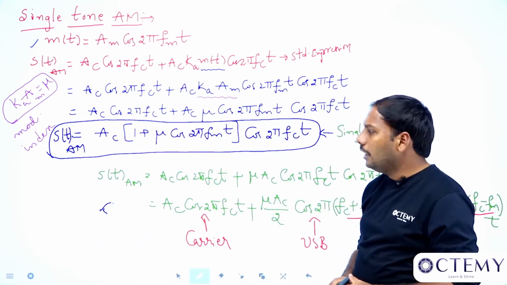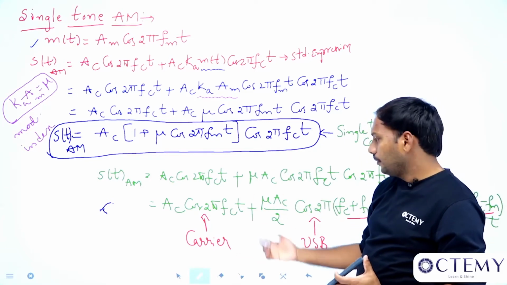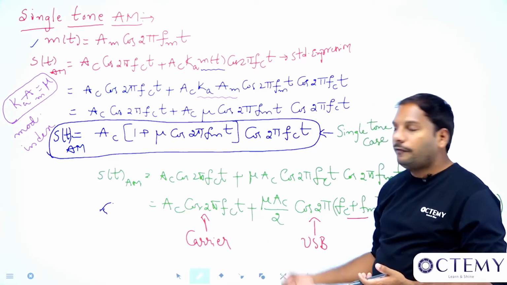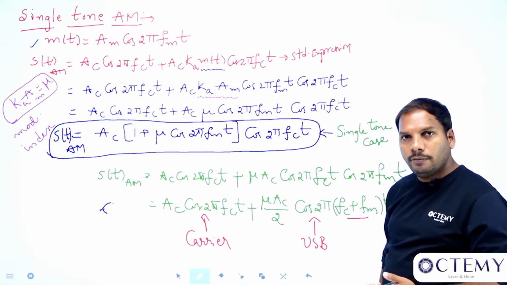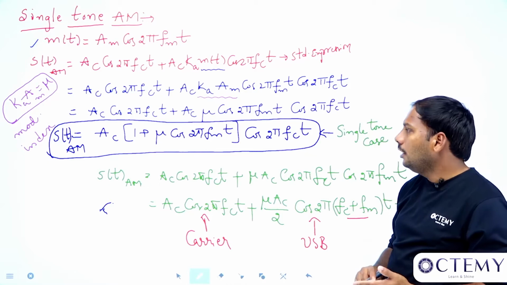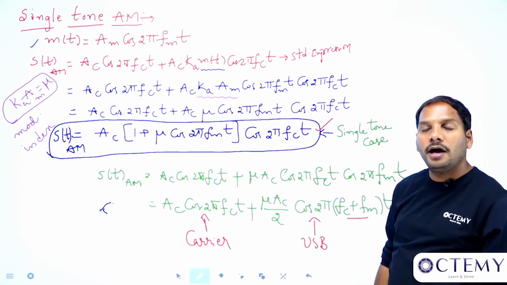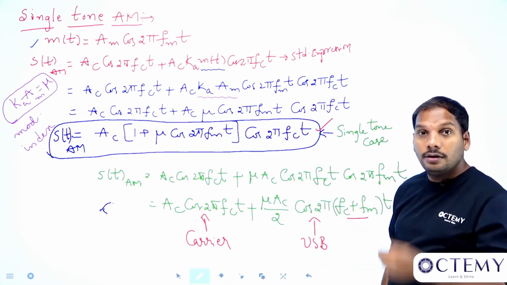However, I will not go ahead with the spectrum calculation and the bandwidth calculation. I have to do much more analysis of this expression, because I have to calculate the power of AM in time domain, and also I have to visualize the shape of this expression. Very important. I have to visualize the shape of this modulated signal.